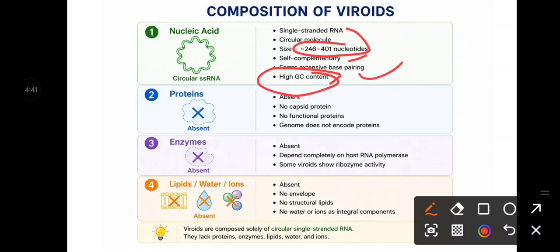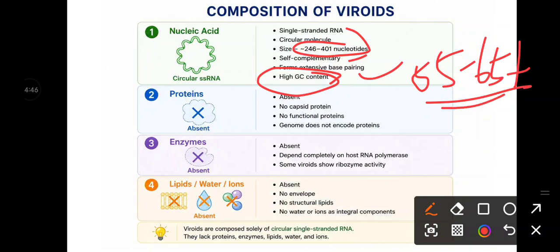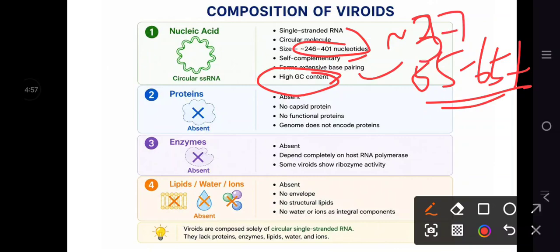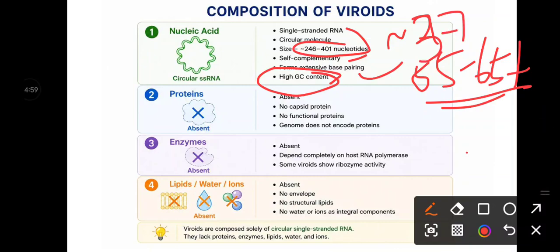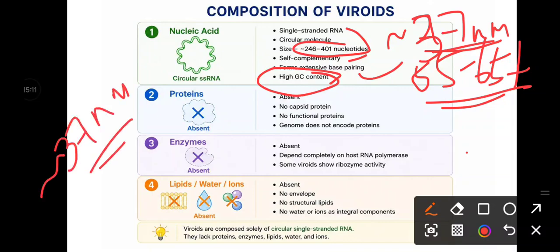Remember this: the GC content is around 55 to 65%, and the size of the viroid is generally 37 nm. These are important things. Okay, remember these numbers: the percentage of GC content in viroid, then the size of the viroid, 37 nm mostly.